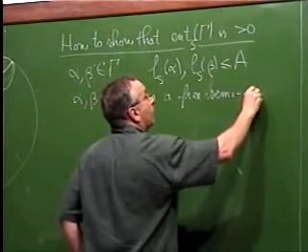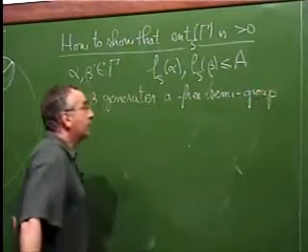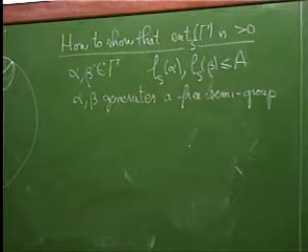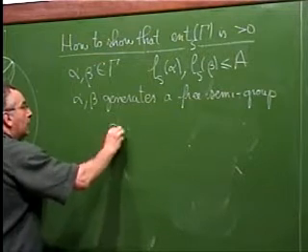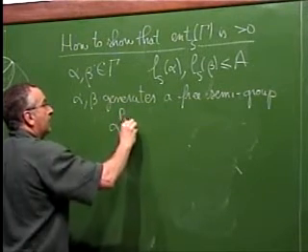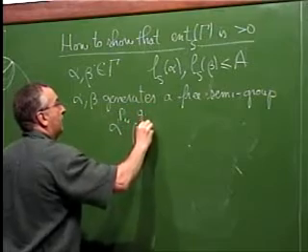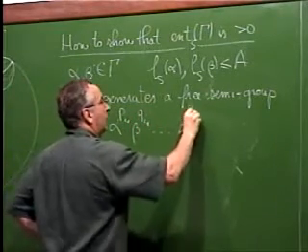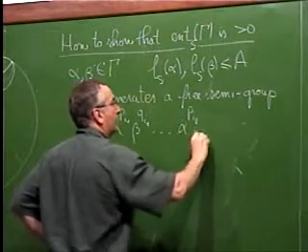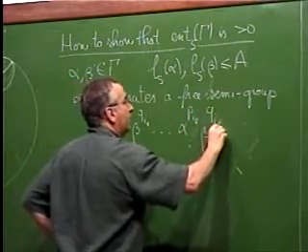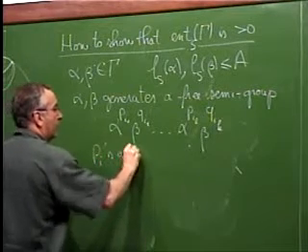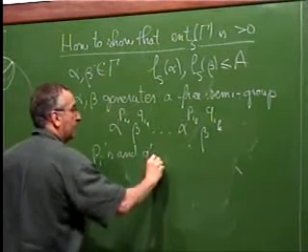So what is a free semigroup? Well, a semigroup means that you take only products of positive powers of alpha and beta. So you look only at elements of this kind, alpha to the p_i, beta to the q_i, with the p_i's and q_i's positive.